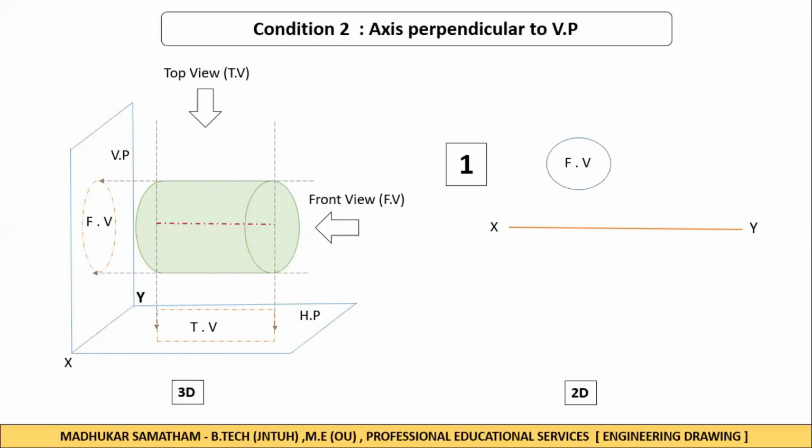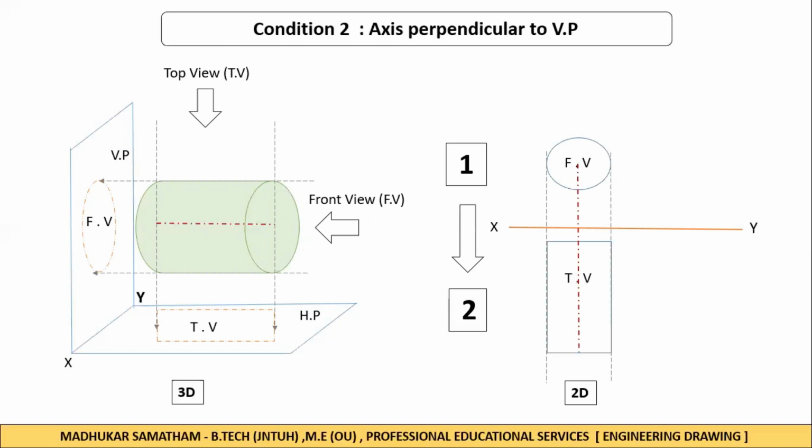The front view will be drawn first, and the lines will be extended downwards, which will give the top view. The height of the top view can be taken from the question, which will be given as the height of the solid. We have now seen how solids with the axis perpendicular to the vertical plane and parallel to the horizontal plane can be drawn.